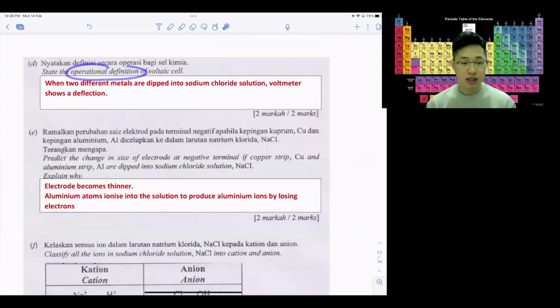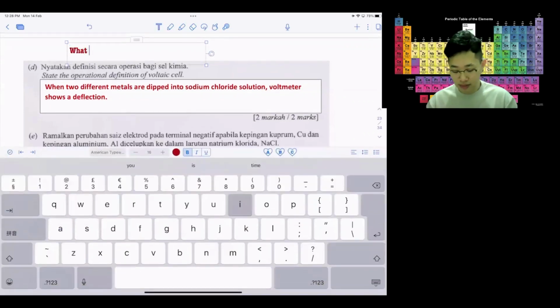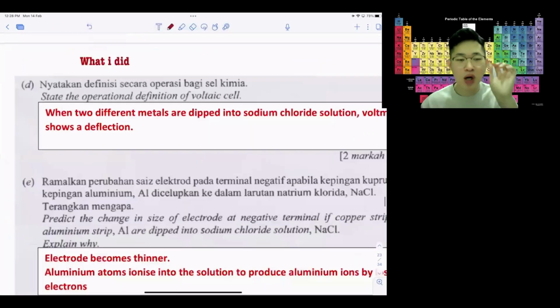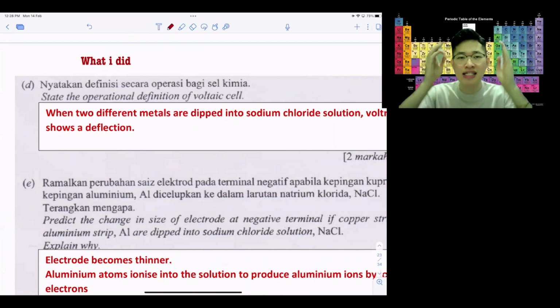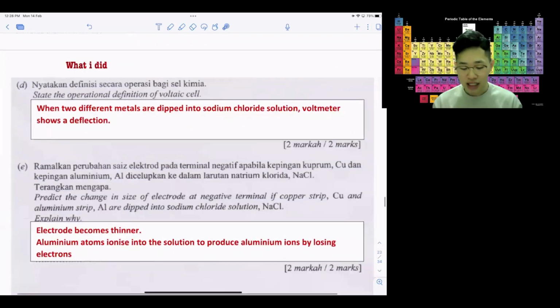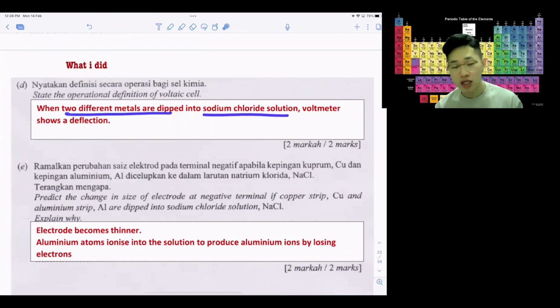Next, operational definition. What I did, meaning the procedure that gets me the outcome, the result. After me doing this step, I will immediately see the result. So what I did here is when two different metals are dipped into sodium chloride solution.